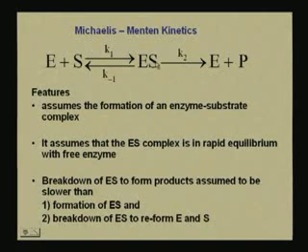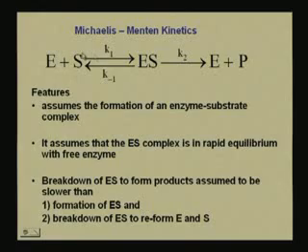So, what are the features of these? The features of kinetics considered by Michaelis-Menten is that the formation of an enzyme-substrate complex occurs. It assumes that this enzyme-substrate complex is in rapid equilibrium with the free enzyme.